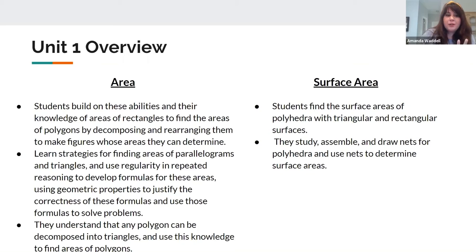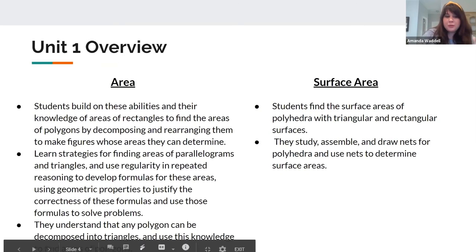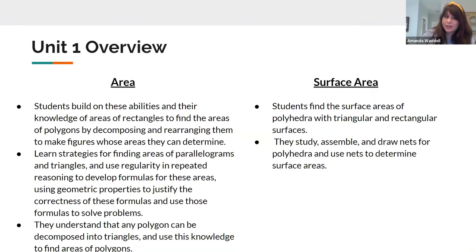In that first part, students should be able to build their abilities with rectangles and finding their area through decomposition and rearranging, and some other strategies you'll run into, enclose and subtract. They'll do that with rectangles, triangles, and irregular shapes. Then the second part goes into strategies for finding the area of parallelograms and triangles, and repeating those to develop formulas for area.